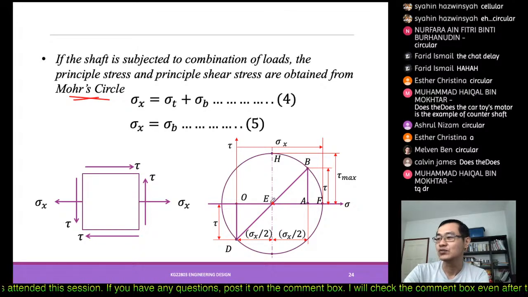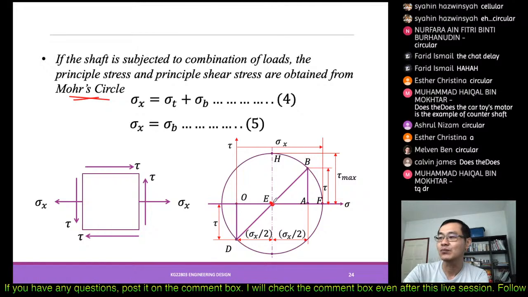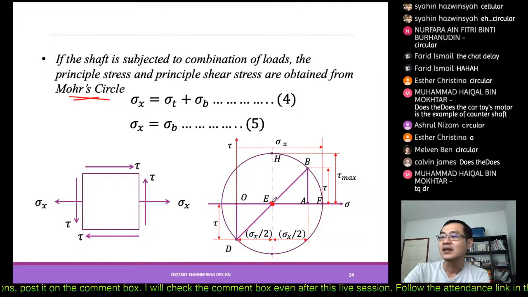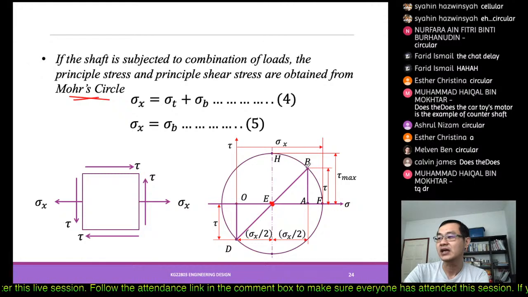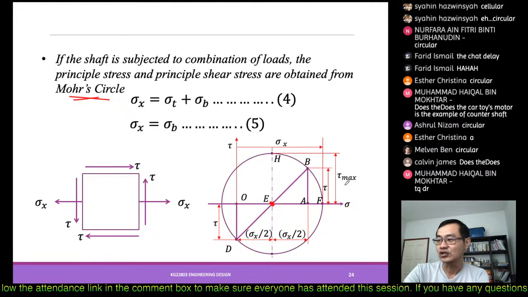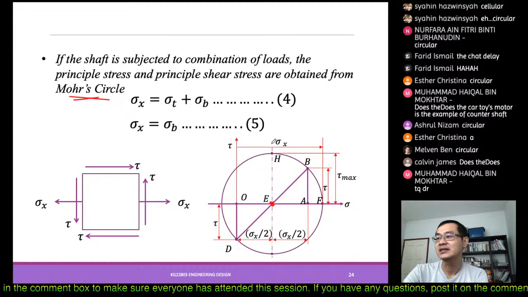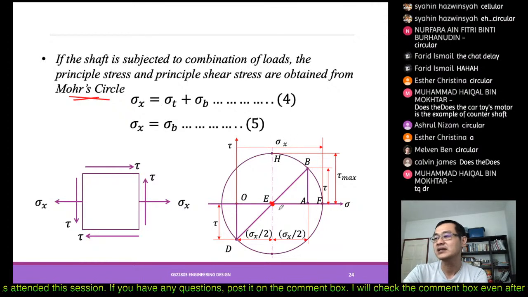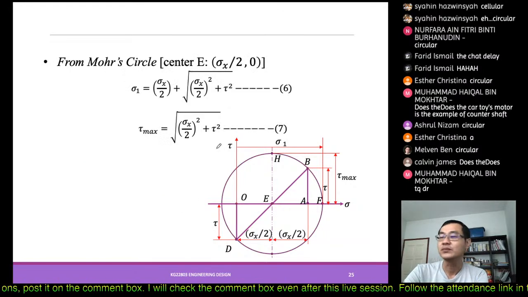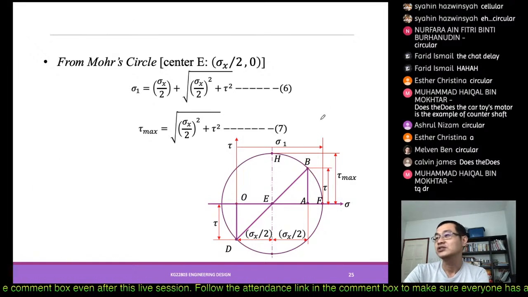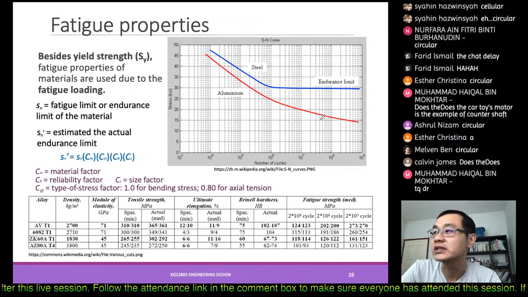We identify the center of the Mohr circle, and then draw a circle, and from that circle we will know what kind of torsional stress and other stress combined together when it is changing. This is the formula from the Mohr circle itself, just for knowledge. I will not go through it in detail.